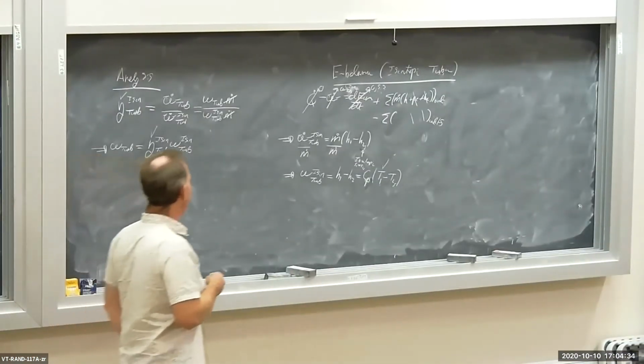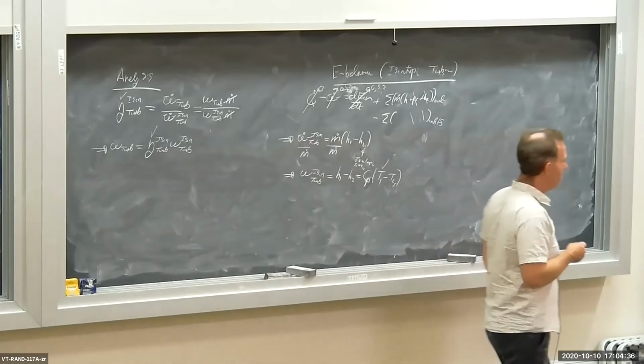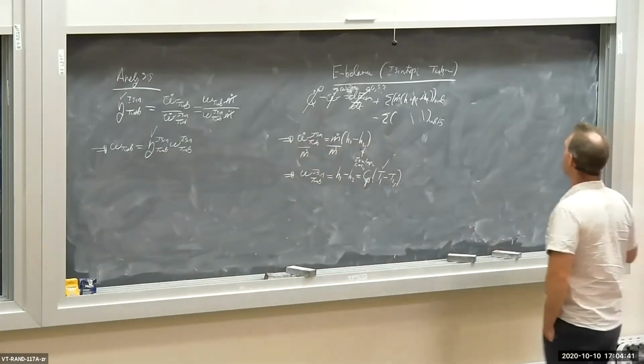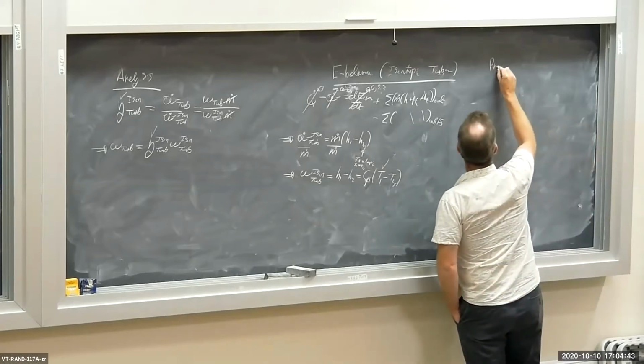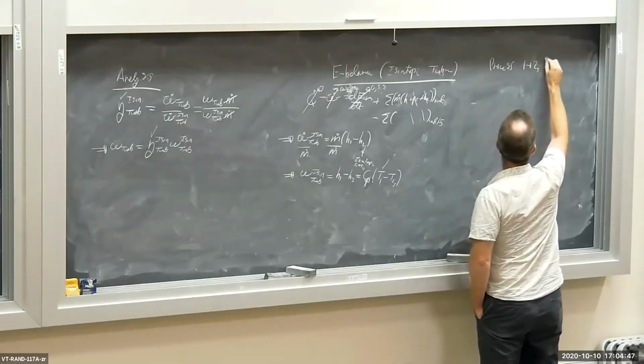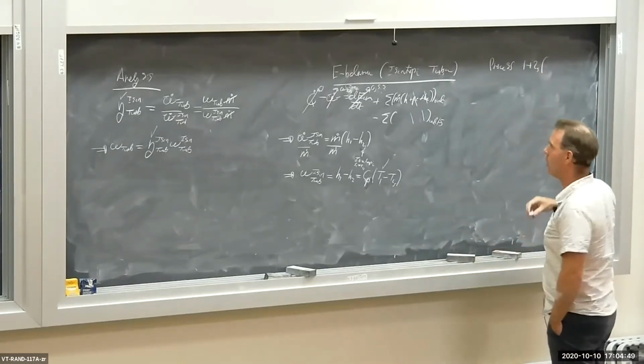Okay, so I need to find T2 sub s. Process 1 to 2 sub s is isentropic.